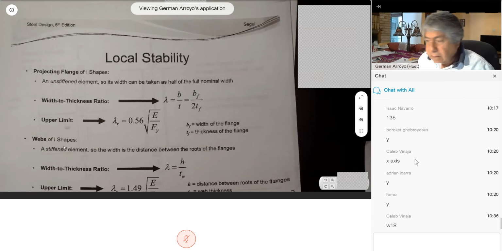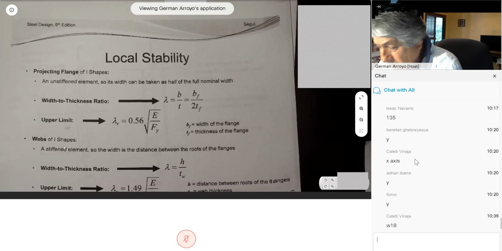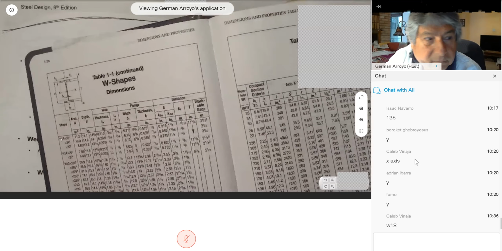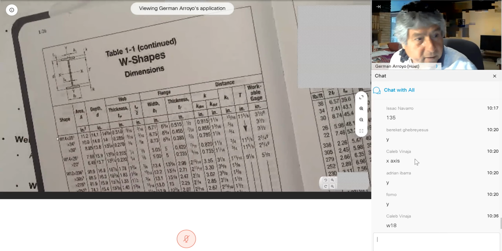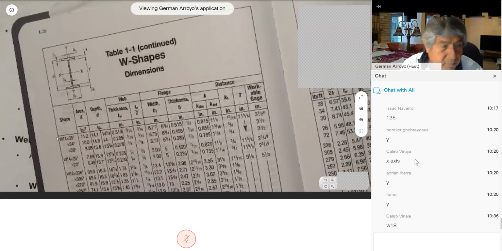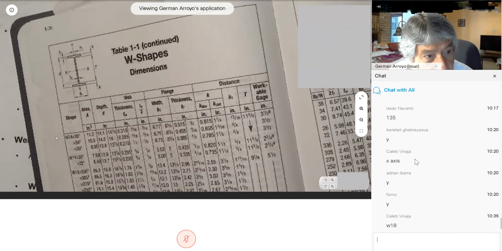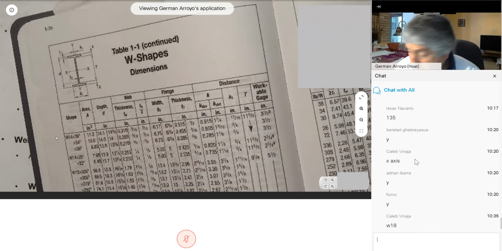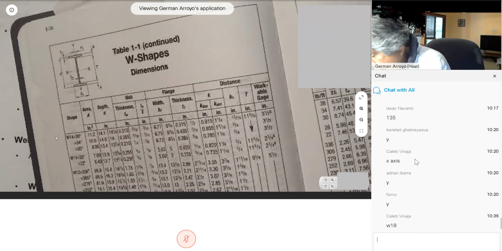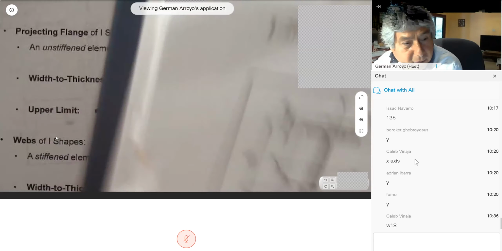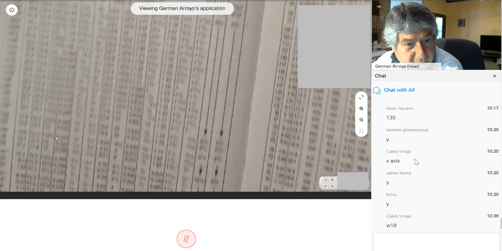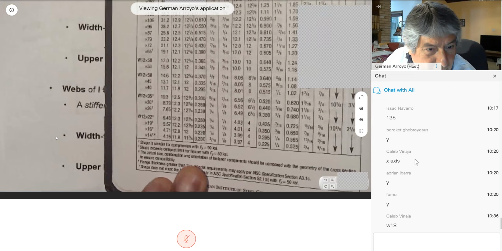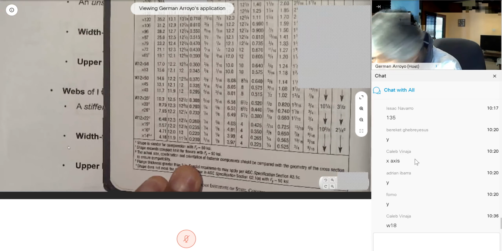On page 1-26, chapter 1, page 26. Go to chapter 1, page 26. In chapter 1, page 26, at the bottom of the page, you look at section W12 by 16.